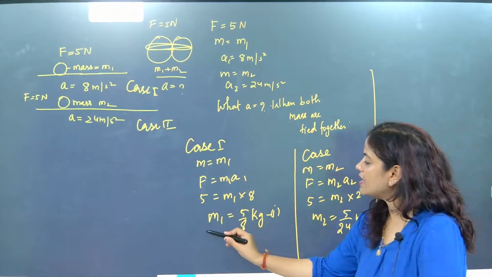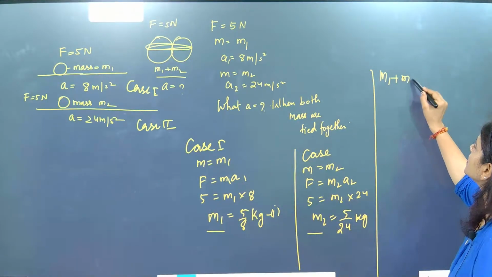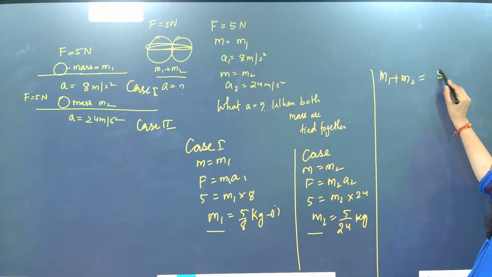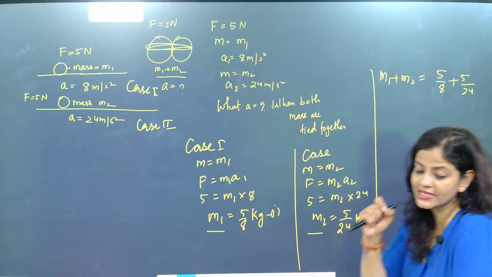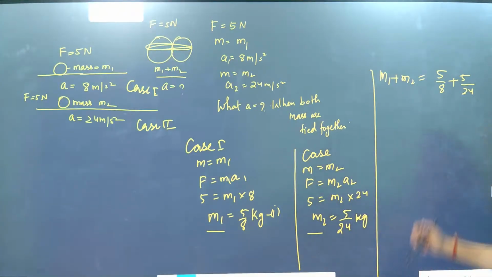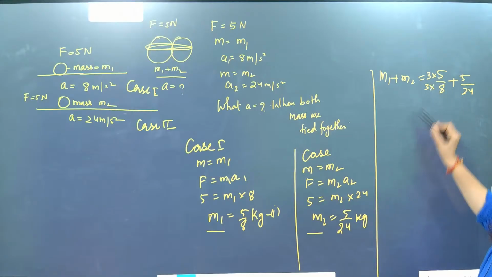Now here mass m1 and m2 both we are going to add up. m1 plus m2. So what is it going to come? 5 by 8 plus 5 by 24. What is the easiest way? The easiest way is to multiply here by 3, and multiply here by 3.